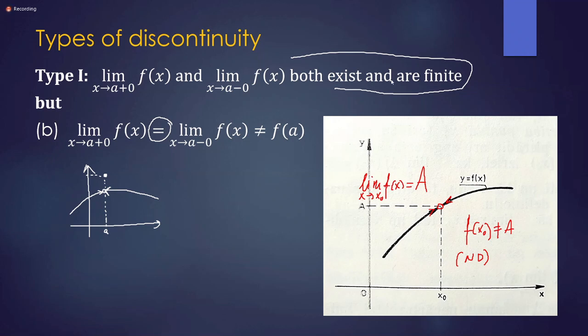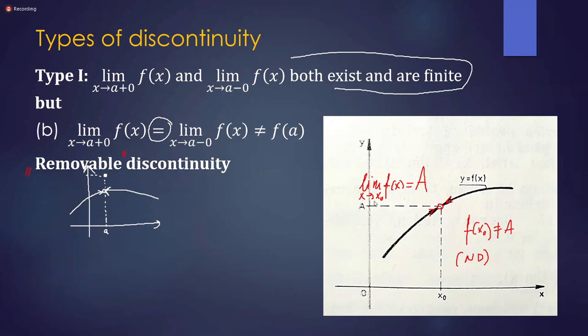So we call this removable discontinuity. Why? Because all we need to say is, okay, let's define the function value as a at that point. So it's kind of removable. It doesn't mean it makes no sense, but it simply means that it is very easy to define the function value at that point as the limit.